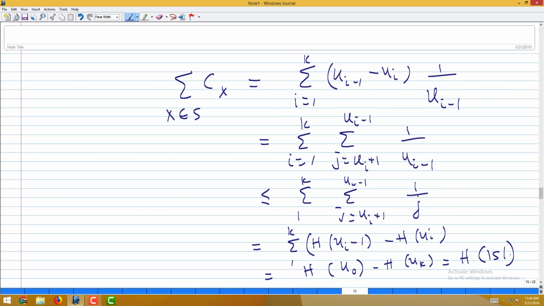Okay, so this is some calculation, but I don't expect you to get everything. The important key idea is somehow distributing the cost from the set to the elements gets you a handle to argue something about it.